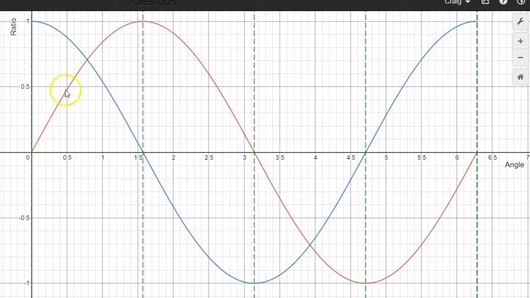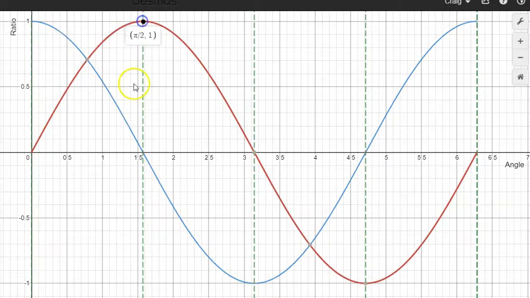Comparing this cosine graph to this sine graph, consider what we have. The shape is very similar, but the only difference is the shift about the x-axis. Notice when sine starts out, it starts at 0, but when cosine starts out, it starts at 1.